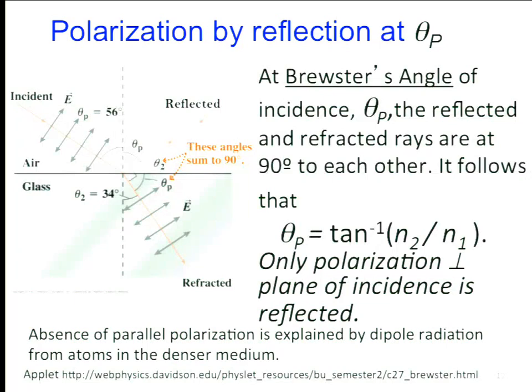The critical angle, which is sometimes called TIR, total internal reflection. And the words mean very well said. It's total, meaning it's complete.